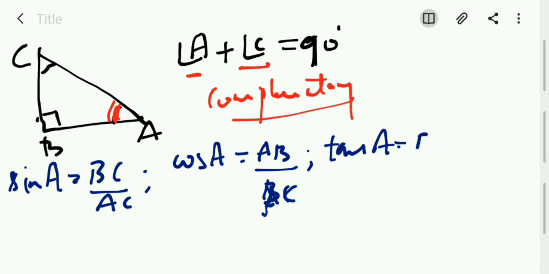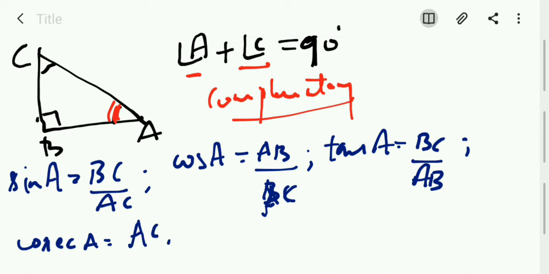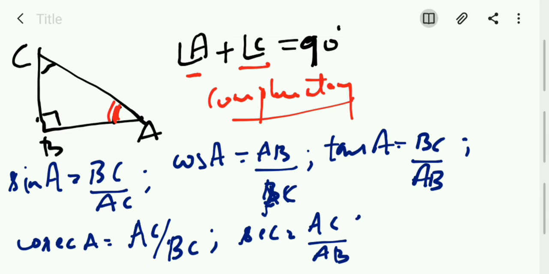Which is BC by AB. And what is cosec A? Which is exactly 1 by sine, so this is AC by BC. And what is secant? Which is once again 1 by cos, AC by AB. Finally cot A, AB by BC.